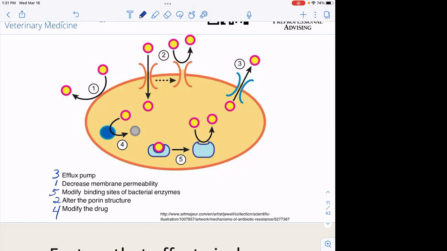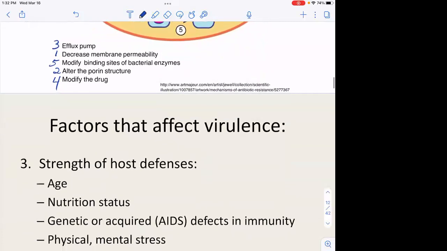So those were the different mechanisms bacteria have for antibiotic resistance. Understanding each of those mechanisms helps to draw out what that actually means sometimes. If you have a chance to look at that, I thought that was a nice little exercise. Otherwise, let's move on to where we left off last time.